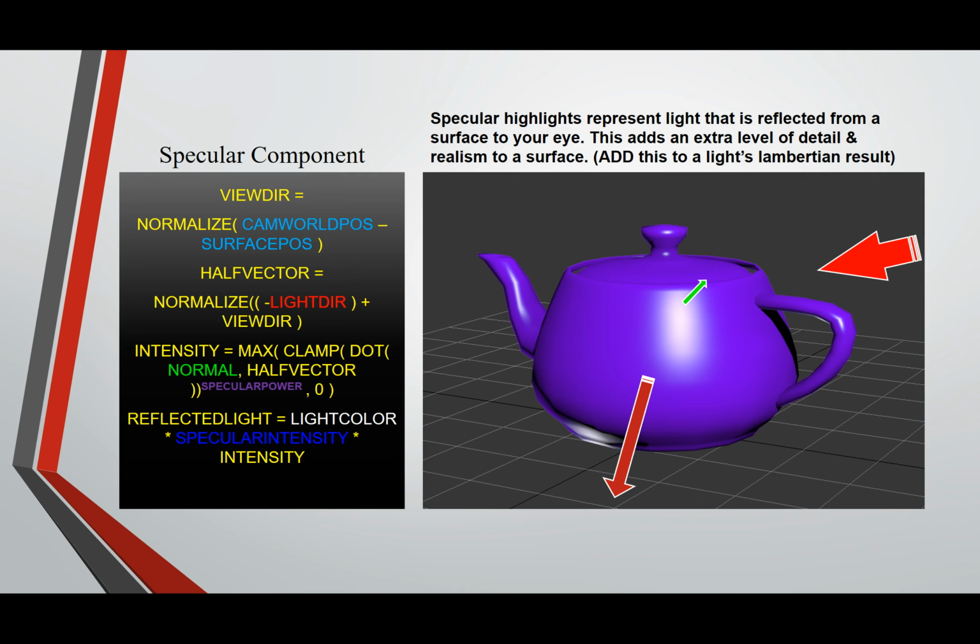Some surfaces are shinier than others. Even surfaces that don't appear that shiny still have some reflectance if you look carefully. Even seemingly matte surfaces have some reflection in them. So it's much more realistic to have both a Lambertian component and a specular component to your lights.